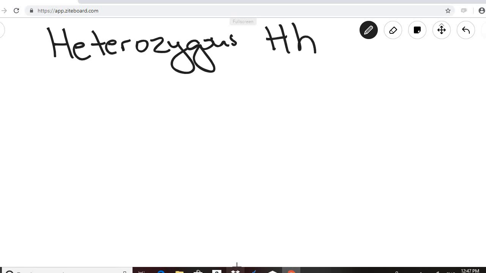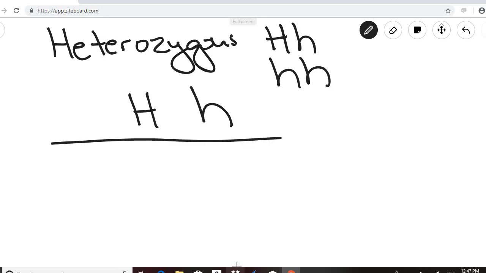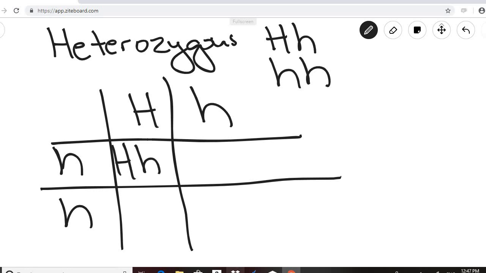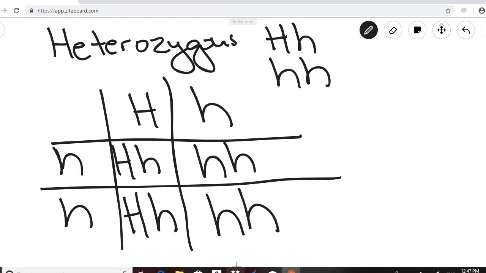And if they marry someone who does not have the disease, that person would be lowercase h, lowercase h. So if we make the Punnett square, remember we said that it's a dominant trait.